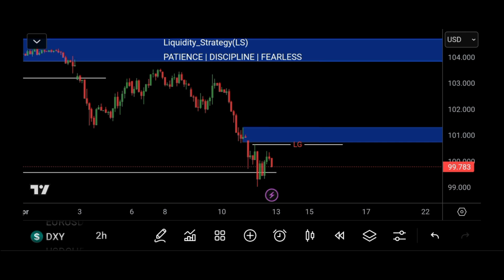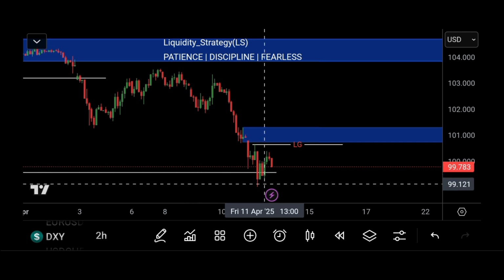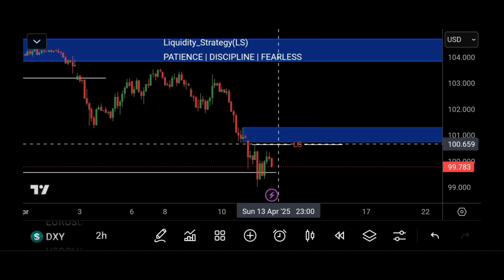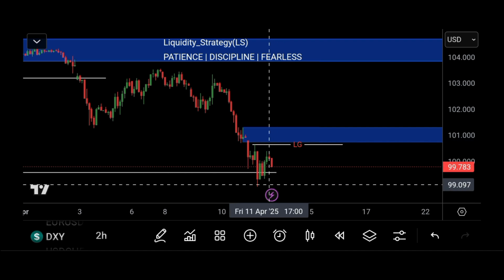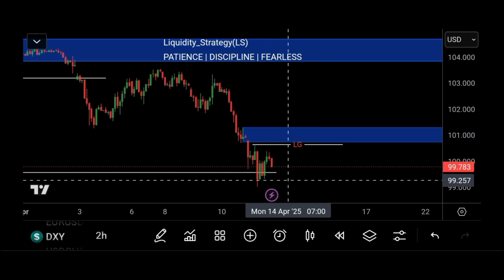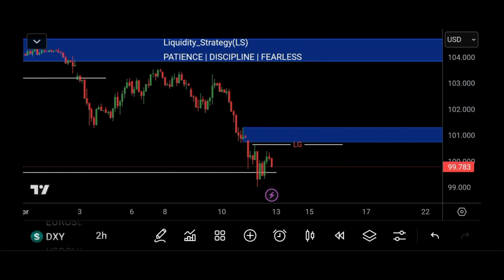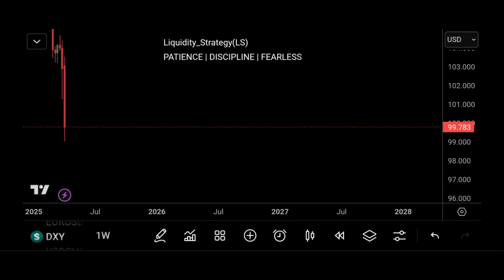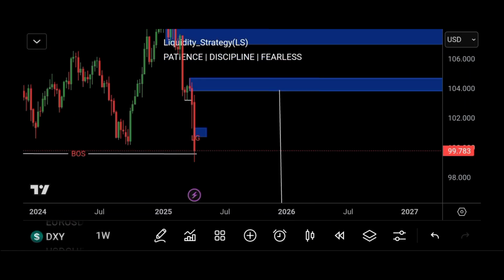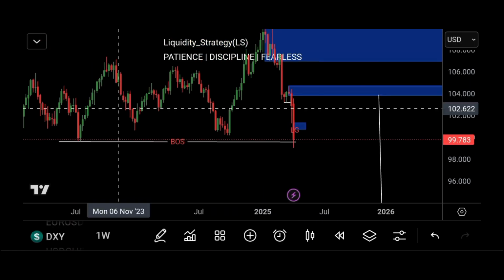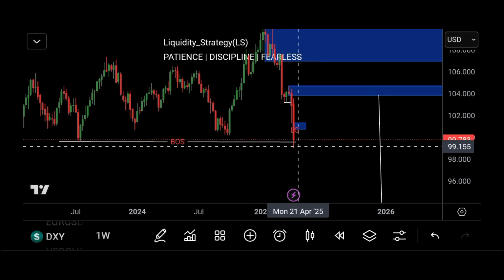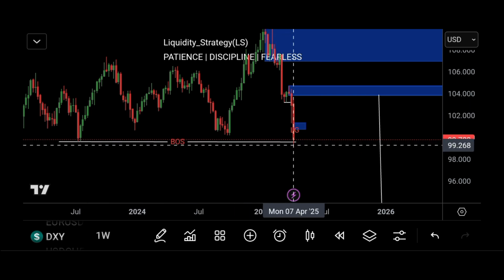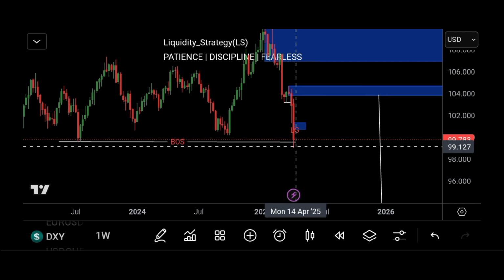But if market did not give us a bearish continuation, market should give us a real bullish change of character for this retracement to happen. Let me show you the retracement I'm talking about. Market should give us a change of character on 4 hours time frame for us to know that this retracement is going to happen.